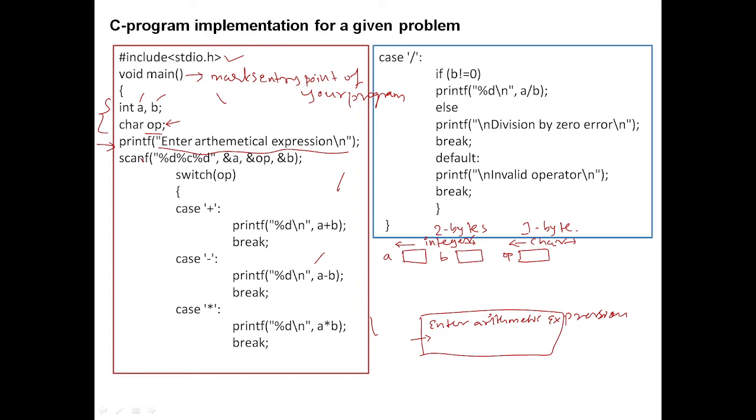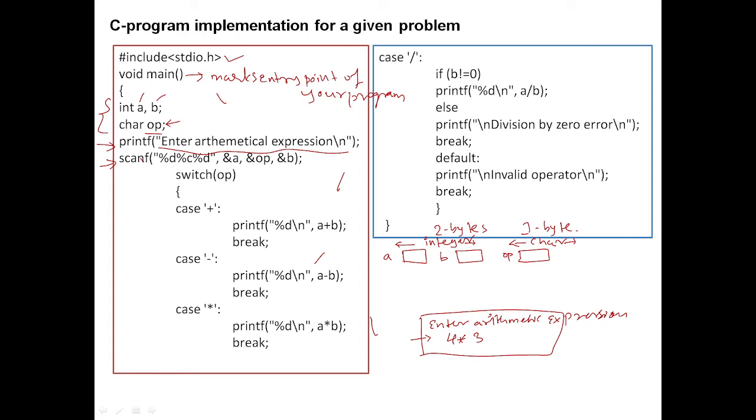Let us assume the user wants to perform multiplication between two numbers. So he will enter an arithmetic expression like 4 * 3, right? When this expression is entered, what will scanf do? It will read the expression entered by the user and store the values in the respective variables.